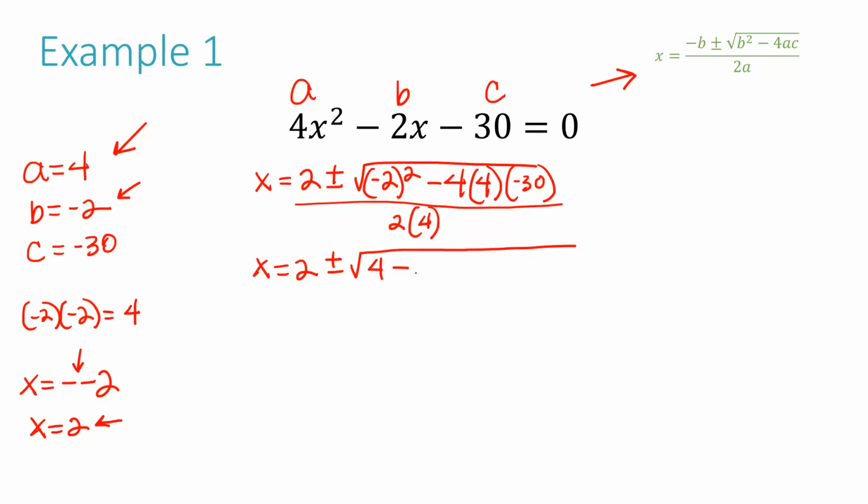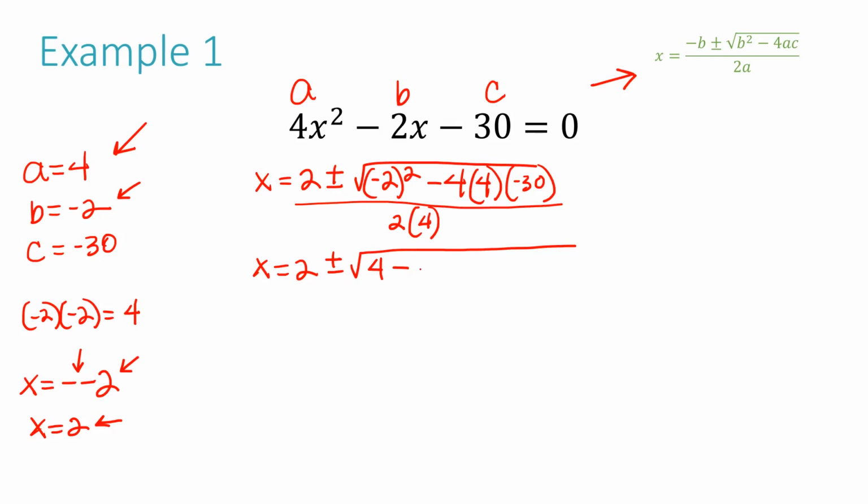Now I'm going to start by rewriting my subtraction sign, and now I'm going to multiply these numbers. I have 4 times negative 30, and that would give me negative 480. Well, again, just like we had the scenario over here of a negative and a minus together that ended up being a positive, we would have the same thing over here, a subtraction and then a negative.